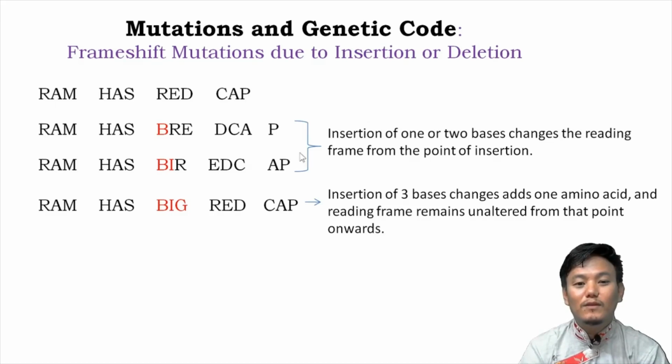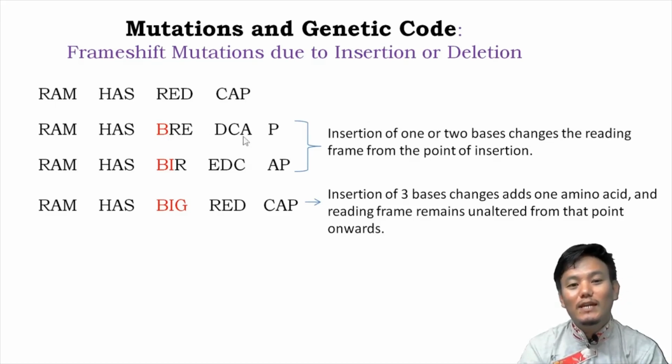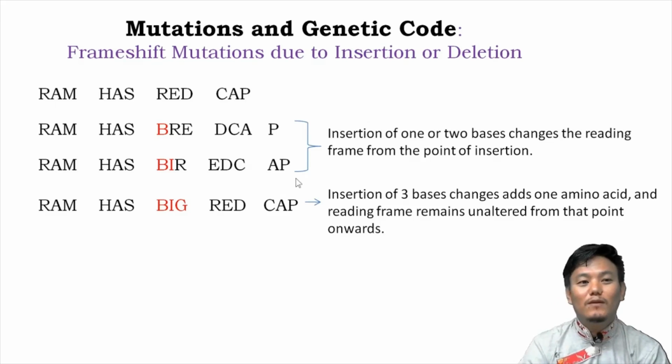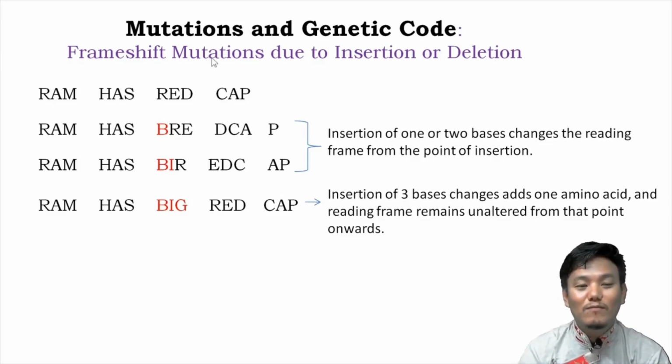So that is what is meant by frame shift mutation. From here, these two represent the frame shift mutation. The entire reading frame changes if you add 1 or 2 bases in the genetic material or the DNA. If you add 1 base or 2 bases, what will happen? From the point of insertion, the reading frame will change and the entire amino acid sequence will change, which will lead to mutations, and that particular mutation is called a frame shift mutation.